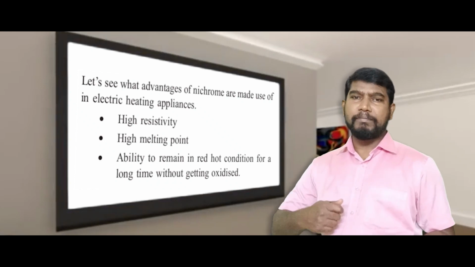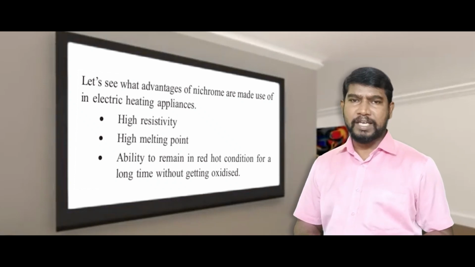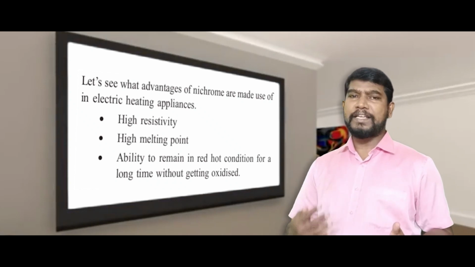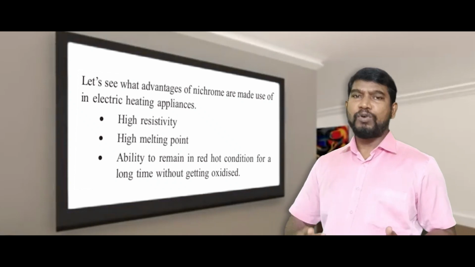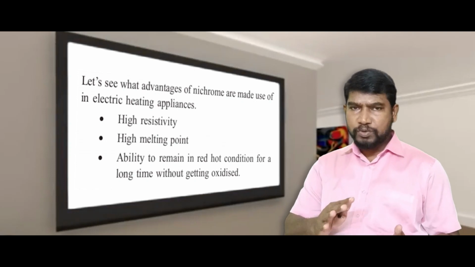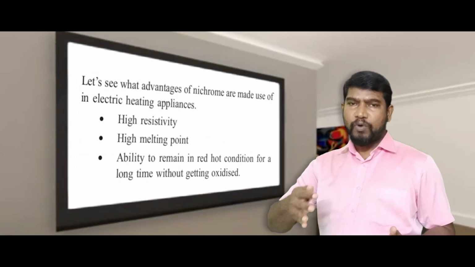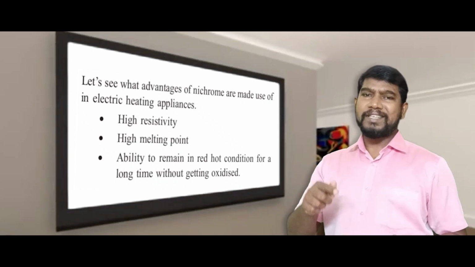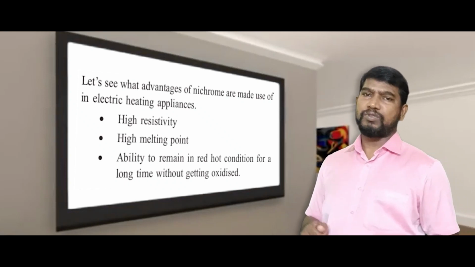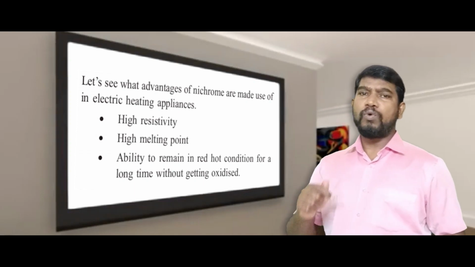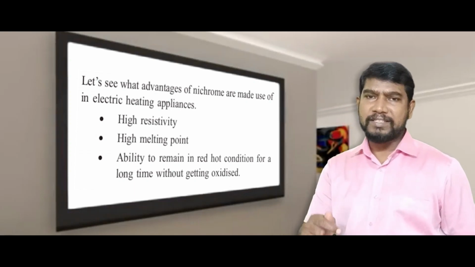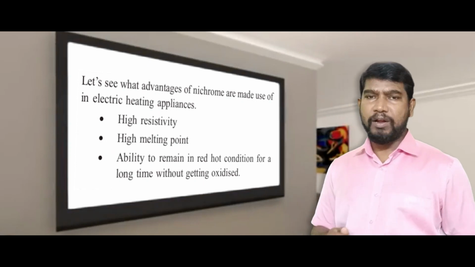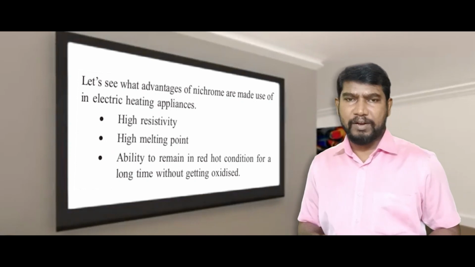Then what will be the use? We can use the material only one time. So we have to block that oxidation by using a material which resists oxidation. Nichrome does not oxidize for a long time while giving red hotness. That is the advantage of nichrome.